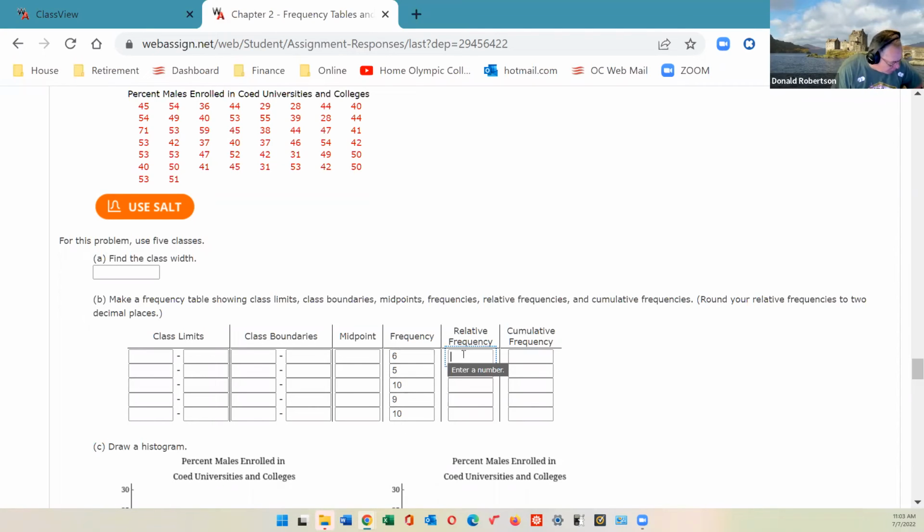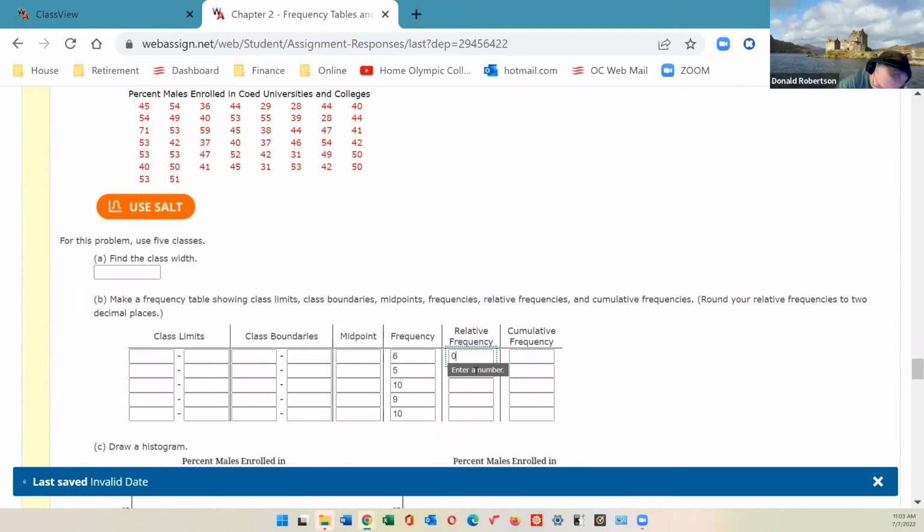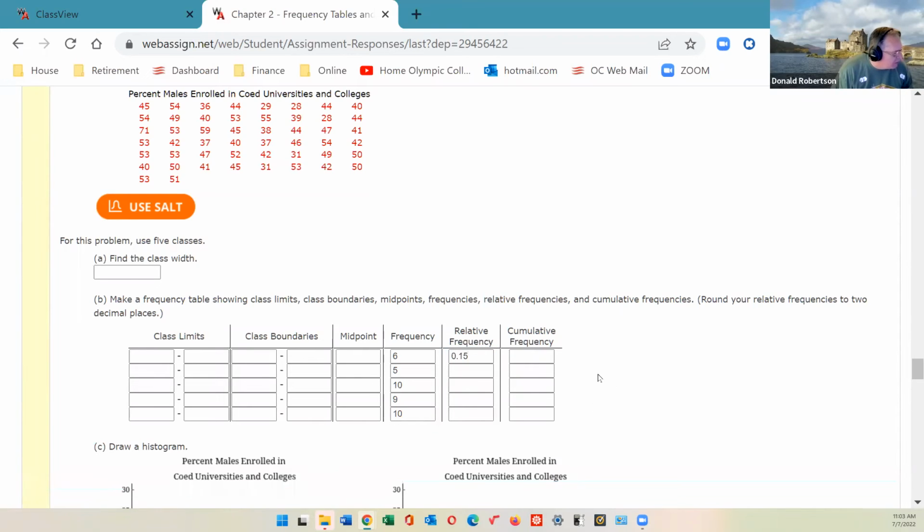If you want the relative frequency, you take 6 and you divide it by the total, which is 40. And you get the answer 0.15. And then you take 5 and divide it by the total, which was 40 numbers, and you get 0.125.